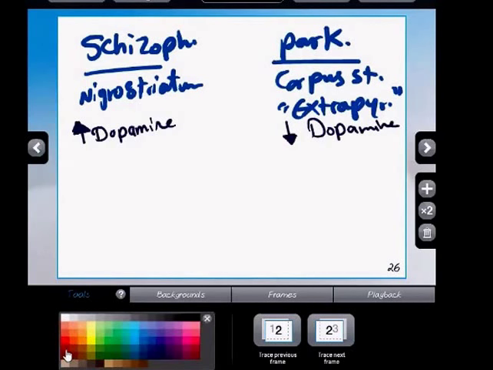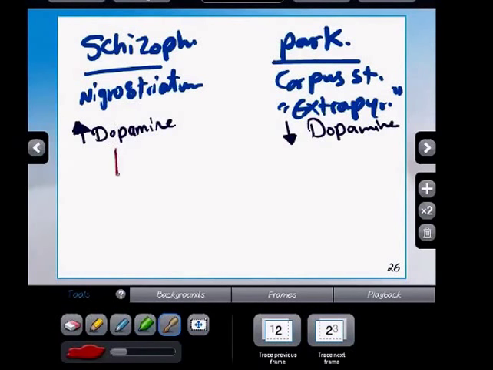So in the treatment, for schizophrenia we should give dopaminergic blockers, and here in Parkinsonism we should give dopaminergic agonists.